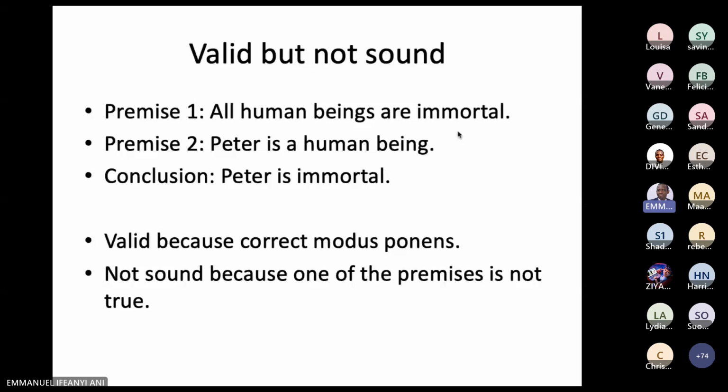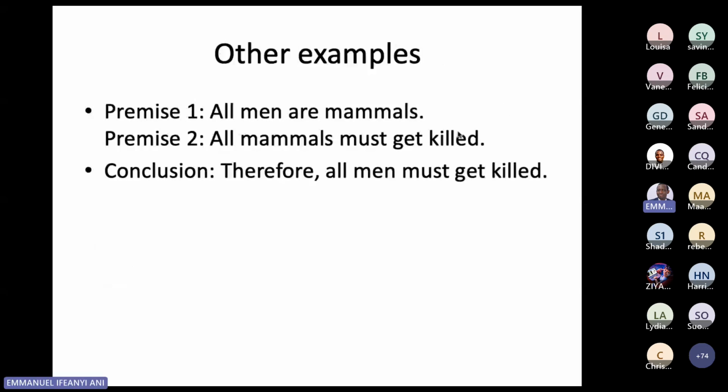Another example: all men are mammals, all mammals must get killed, therefore all men must get killed. What kind of argument is this? Men is A, mammals is B. So all A are B, all B are C, therefore all A are C. This is a hypothetical syllogism, which is a valid argument.